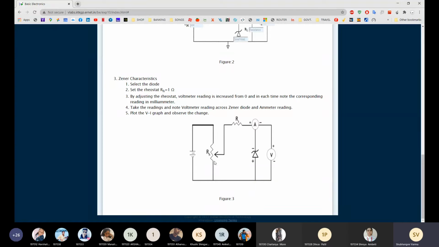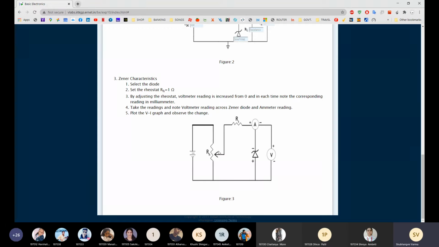So if this knob is at this point, then it is connected to negative. So if it is at this point, then zero resistance will be there. As zero resistance will be there, minimum voltage will appear across this side, meaning zero voltage. If you go on increasing this resistor, then the voltage will also increase.